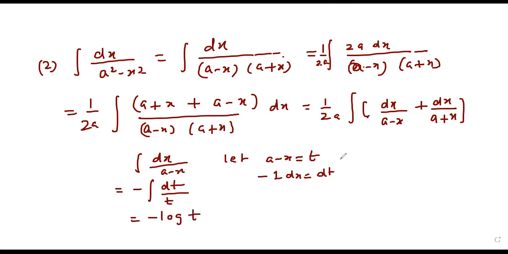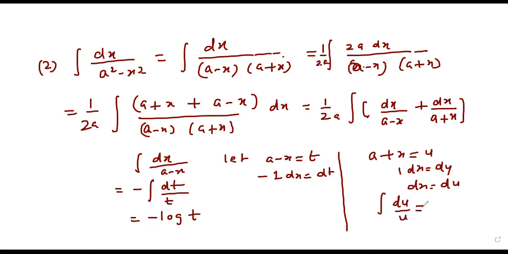And for the second one, if we put a plus x equal to u and we differentiate it, 1 equal to du upon dx, or dx equal to du. So in the second term we will get du upon u, and that will be log u.